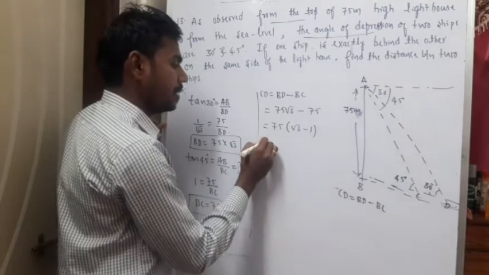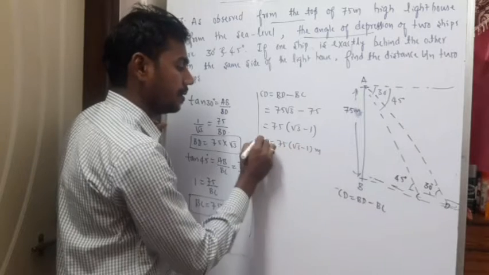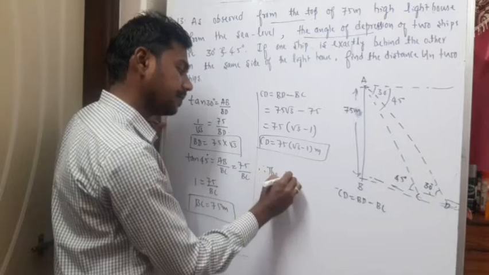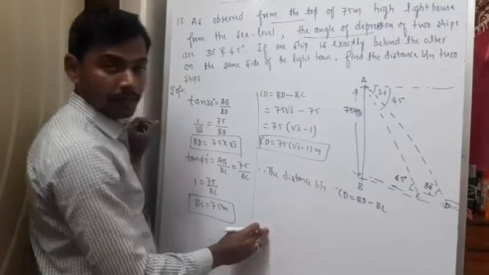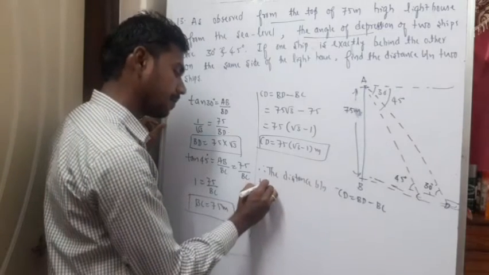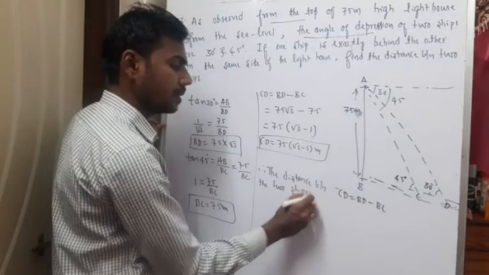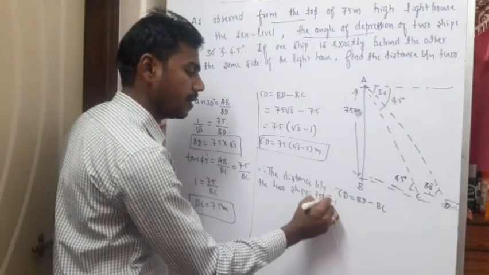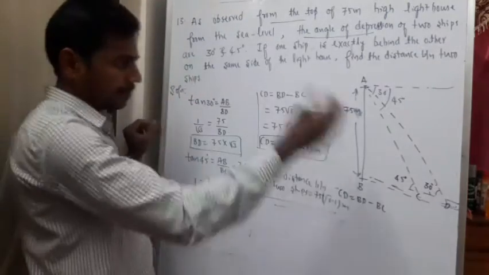So CD is equal to 75 into root 3 minus 1 meter. So therefore the distance between the two ships is equal to 75 into root 3 minus 1 meter. So please note this term.